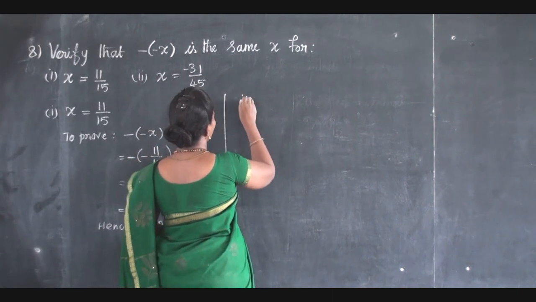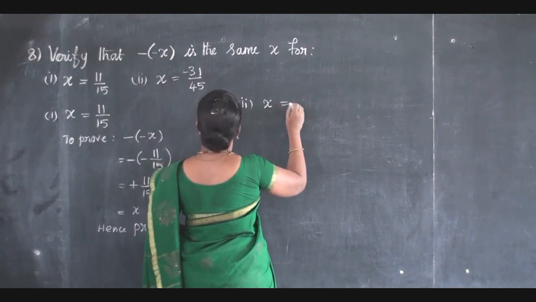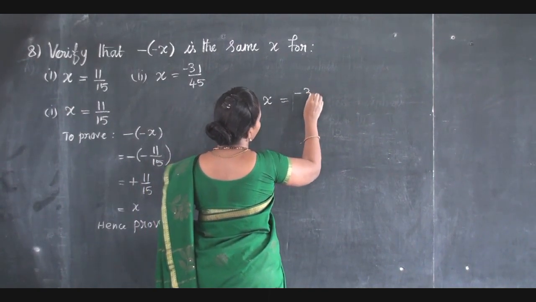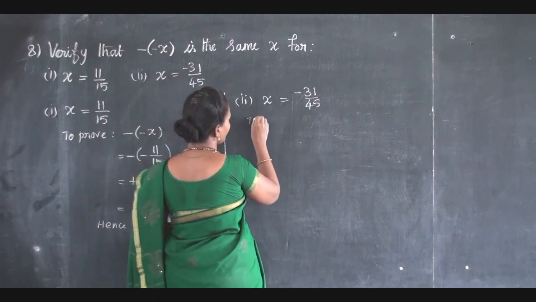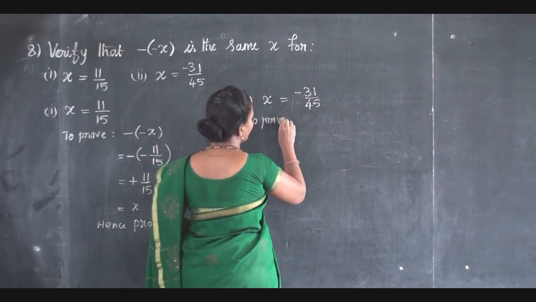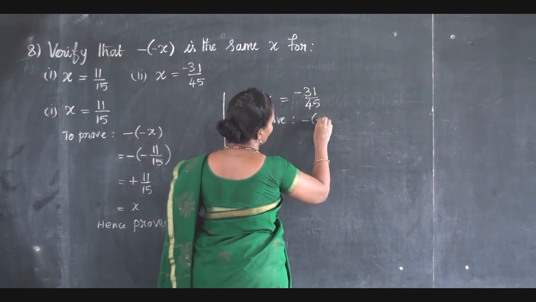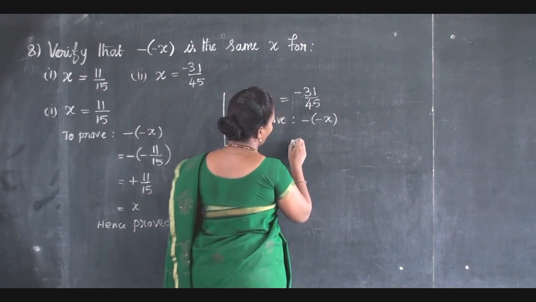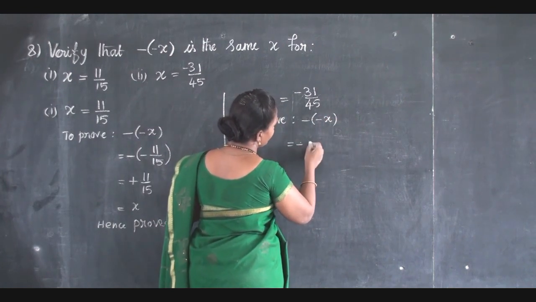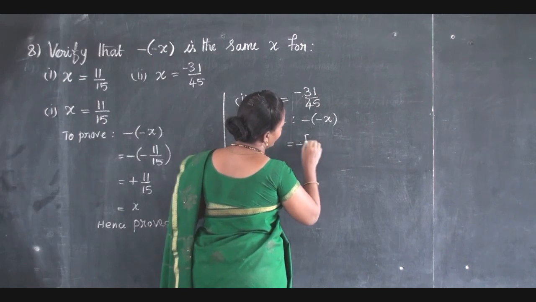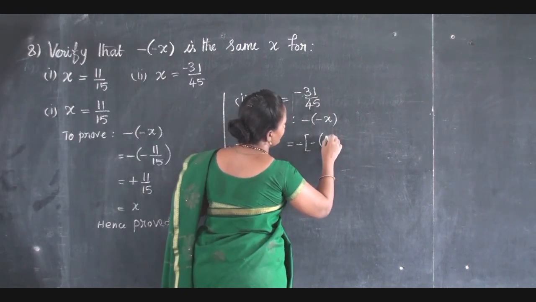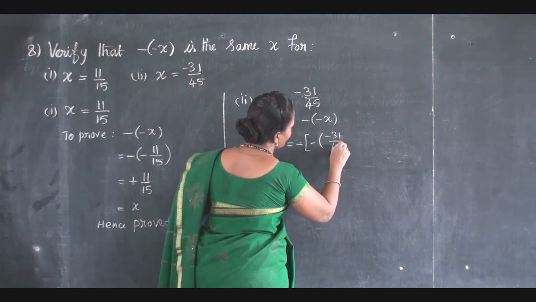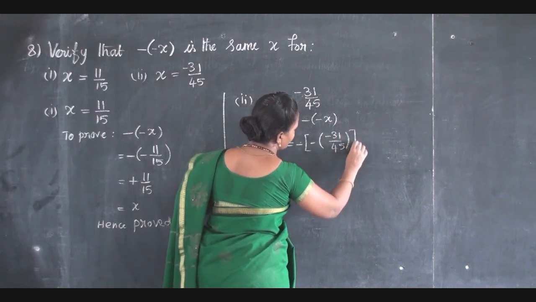And then second sum, x equal to minus 31 by 45. To prove minus into minus x. Minus into minus, what is x? Minus 31 by 45.